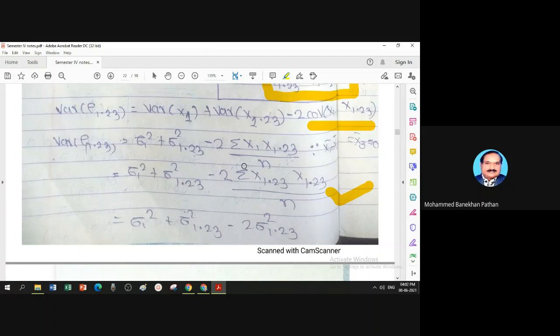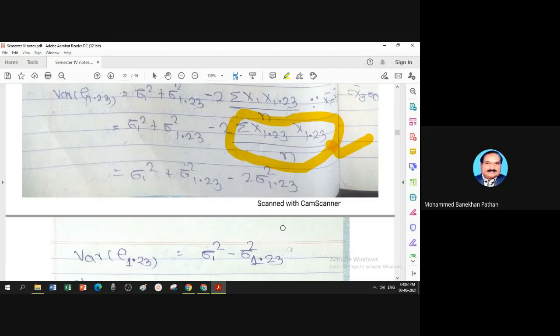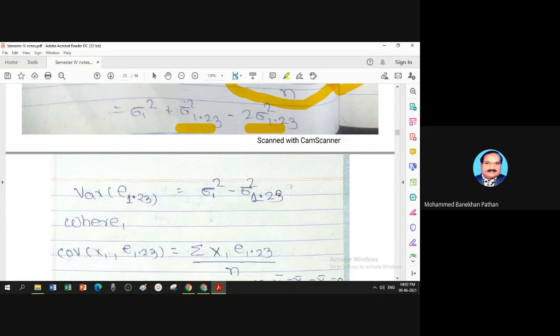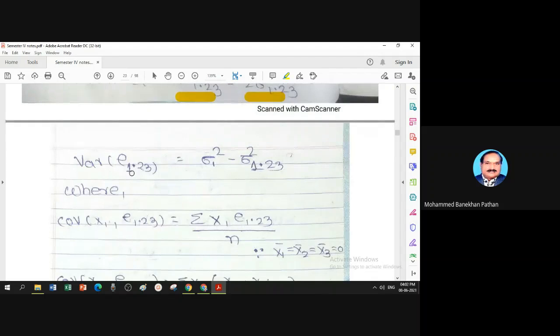So this term is directly sigma square 1.23 that I have written down. So you have the expression sigma square 1.23. This is sigma square 1.23 minus 2 times. This is 1 time plus and this is 2 times minus. So finally variance of E1.23 equals sigma square 1 minus sigma square 1.23.